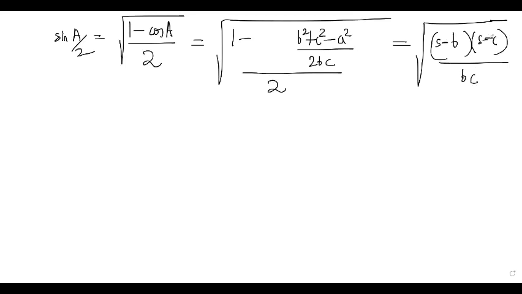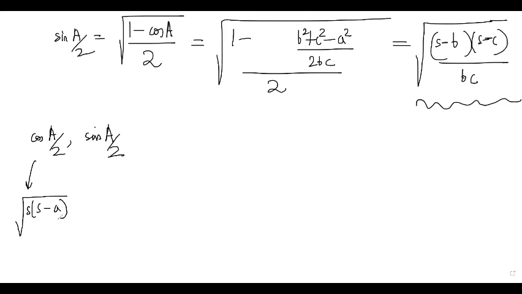So these results are standard results in solutions of triangle, where you are now able to express cos A by 2 and sine A by 2 in terms of the side lengths. So here it was s minus a by bc. Here it is root over s minus b, s minus c by bc, right?